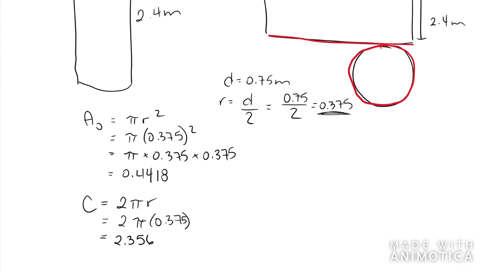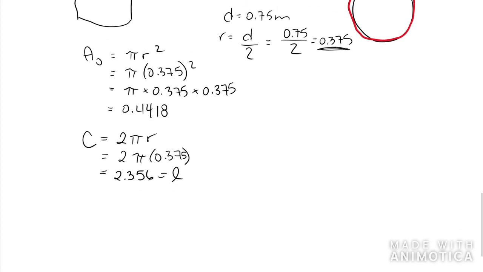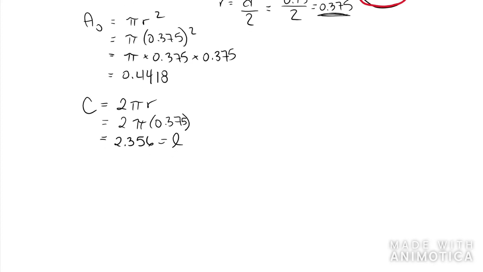So that gives me my length. Now, the area of the rectangle is going to be 2.356 times our height, which was 2.4 meters. Gives me 5.65.